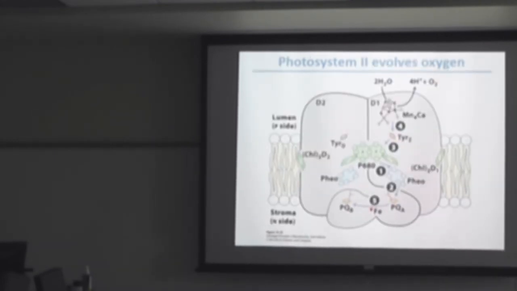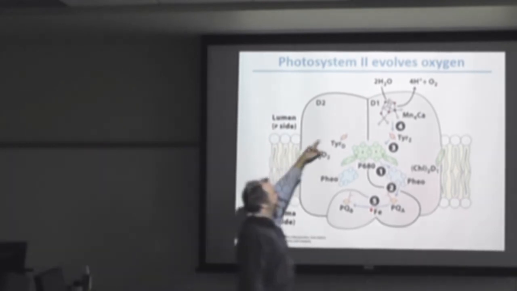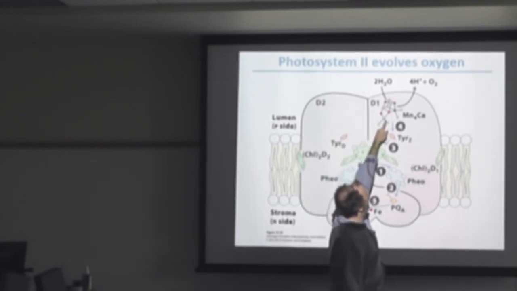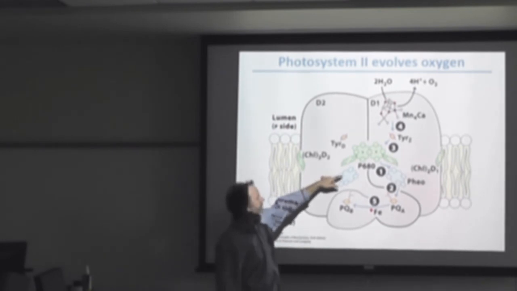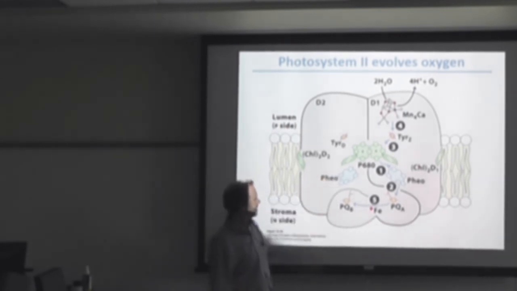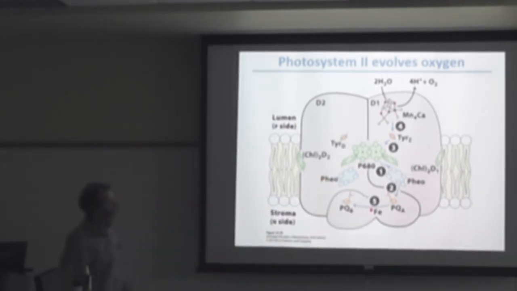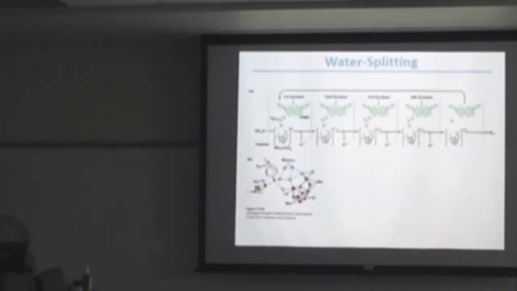So photosystem 2 involves oxygen, and this happens during the light reactions. Water comes in, the electrons are stripped from the water, and ultimately generate the oxygen. And this shows you the reactions that occur for the water splitting.